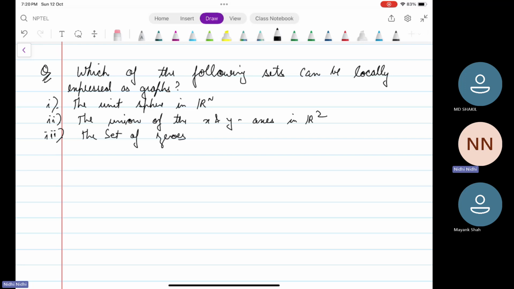The set of zeros, maybe, because the graph should be a smooth function. Was there any condition for smoothness? Set of zeros will have at most n number of elements, of a polynomial. A polynomial is smooth, but we say that we can plot the set of points. This set is equal to some graph if we can find some smooth function f such that the set of points is equal to (x, f(x)).